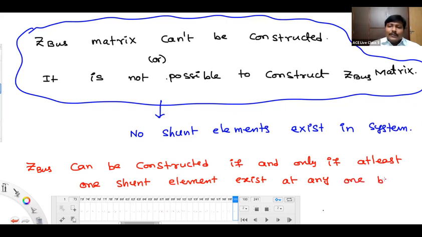Any bus having at least one shunt element is sufficient to say that the Z bus can be constructed.